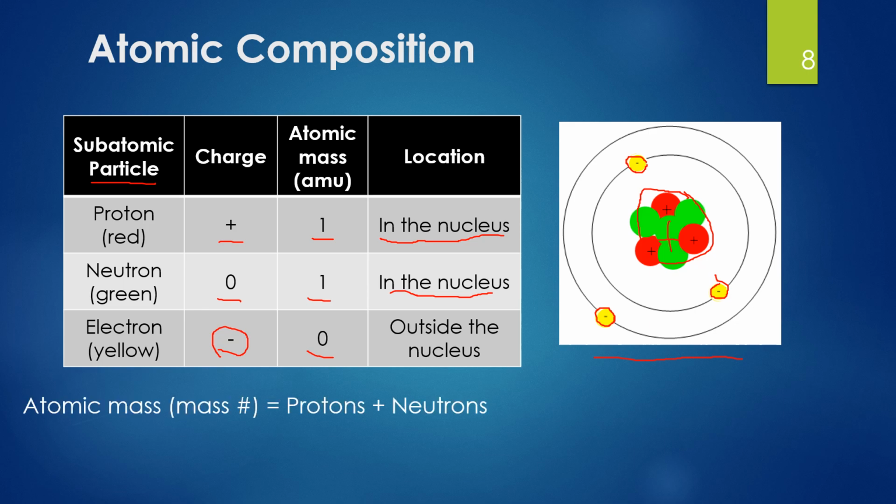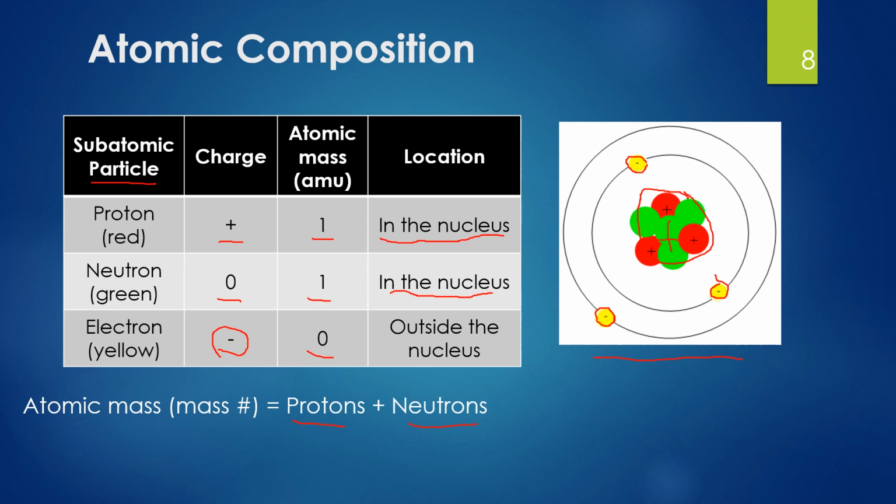Now, how are we going to use this information in class? Well, first off, you're going to need to be able to identify the atomic mass, or the mass number, of an atom. You can do that simply by adding the number of protons plus the number of neutrons. So if you look at the diagram of an atom, to figure out the atomic mass of that specific atom, all you would need to do is count the total protons and neutrons.